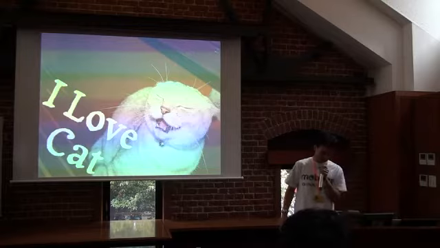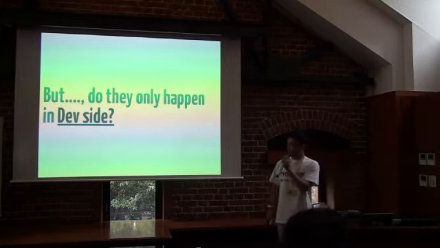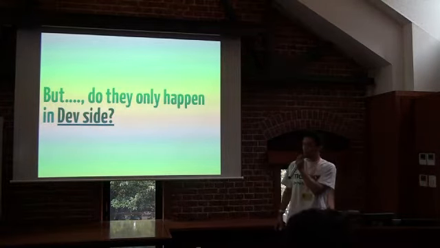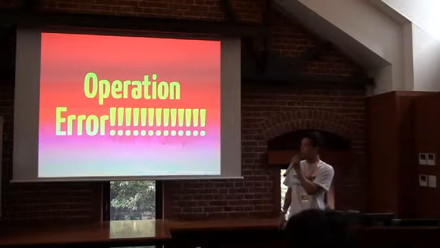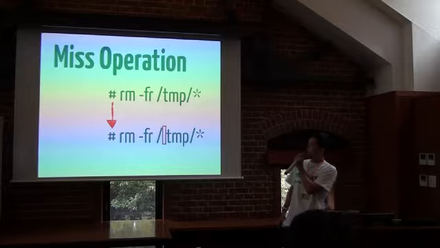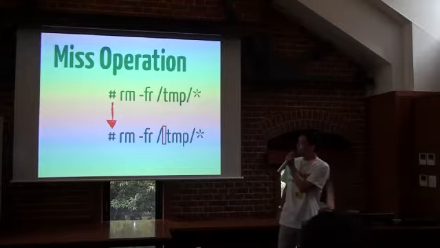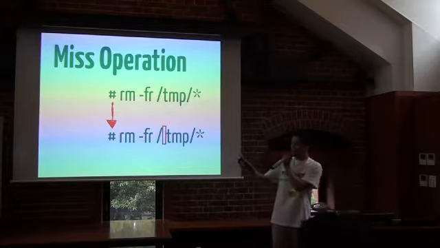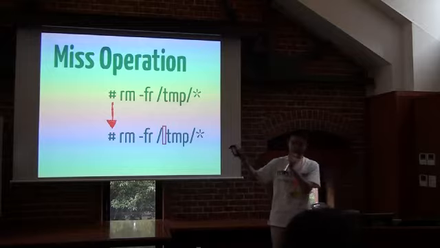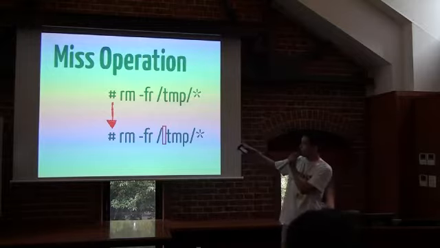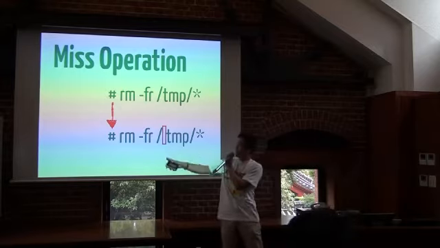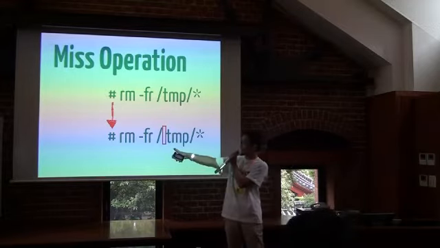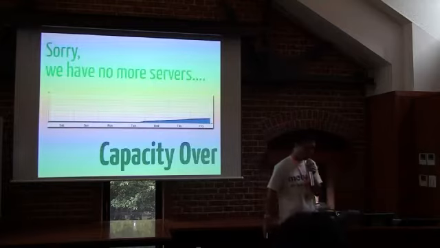But this only happens on the dev side. So there is also operation error. This is an example: you want to remove the slash tmp directory, but if you add a white space in this position, you can understand what happened.